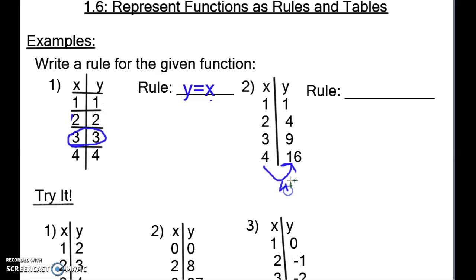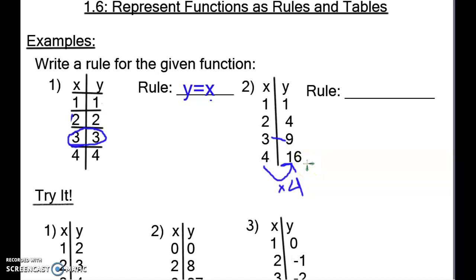So 4 squared. So it'd say times 4, times 3, times 2 and so on.